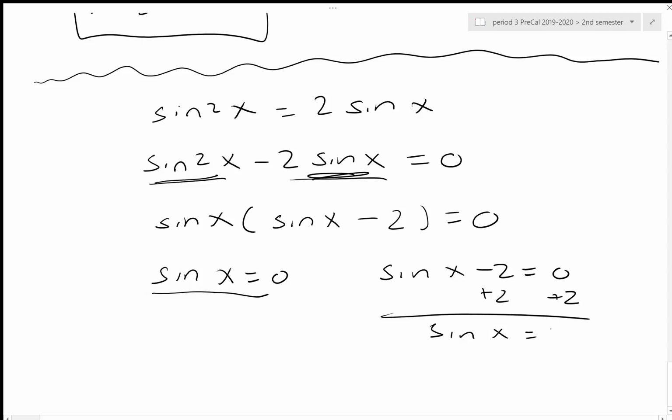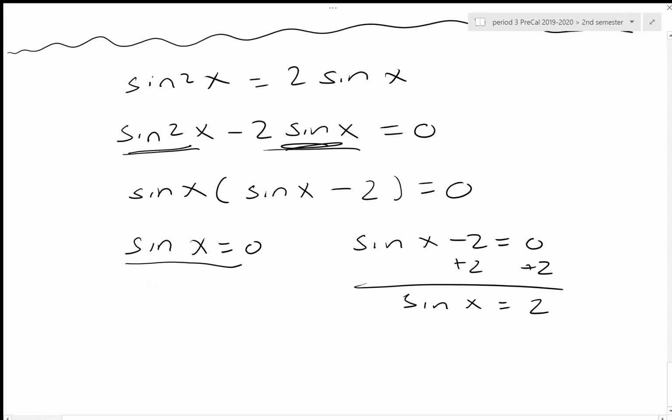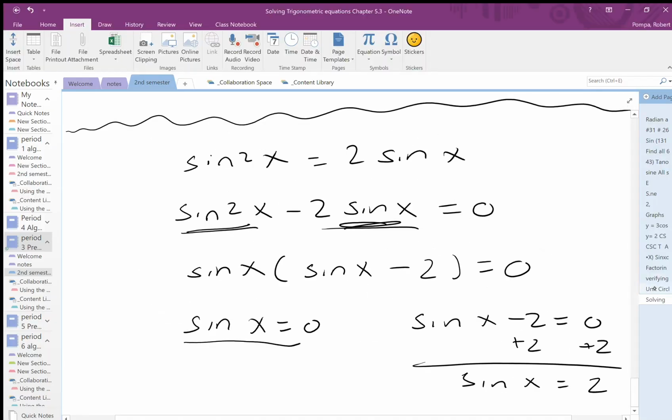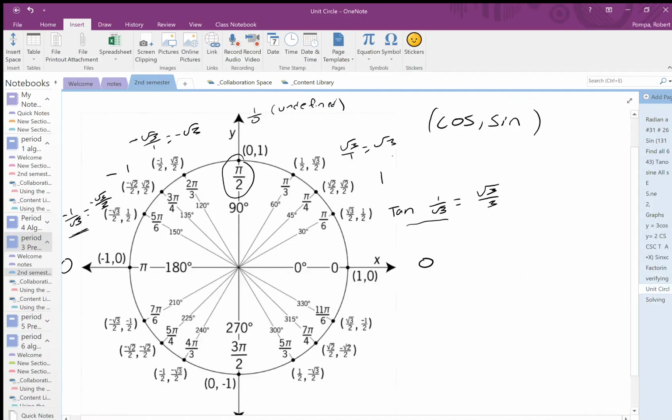Let me solve this one. Sine of x equals 2. So back to my unit circle. Let me find out where sine is 0. Sine is 0 at 0 and pi.